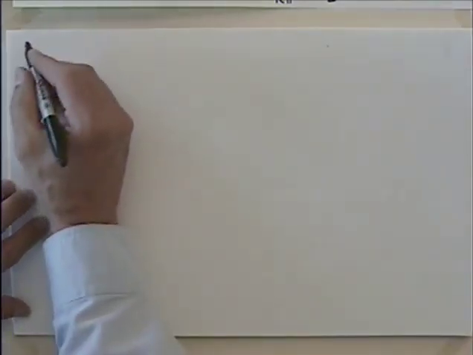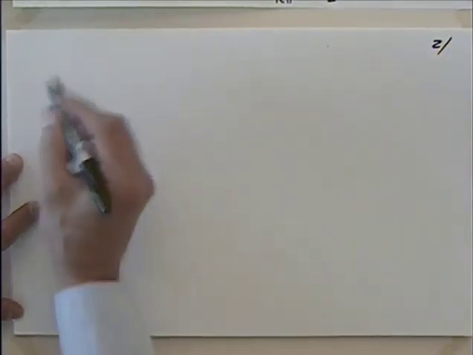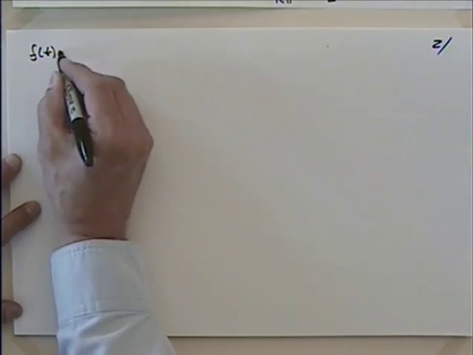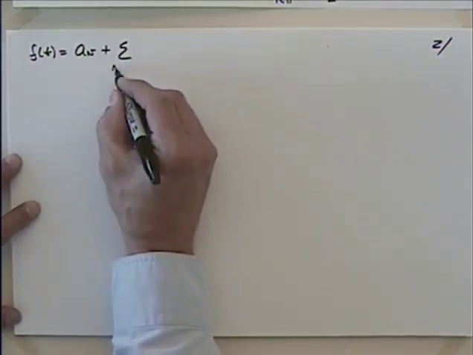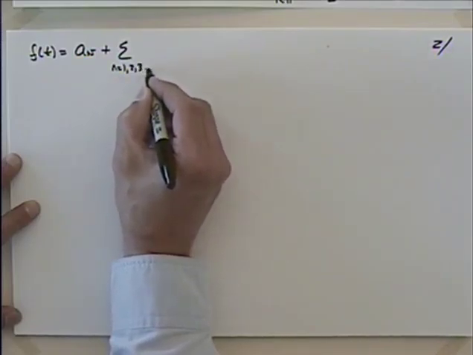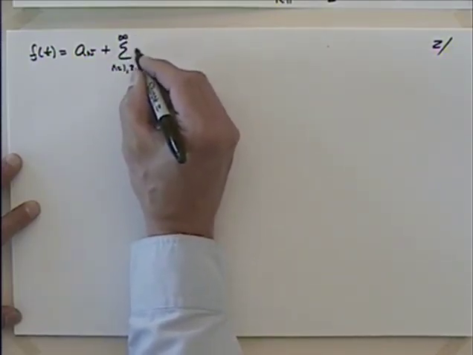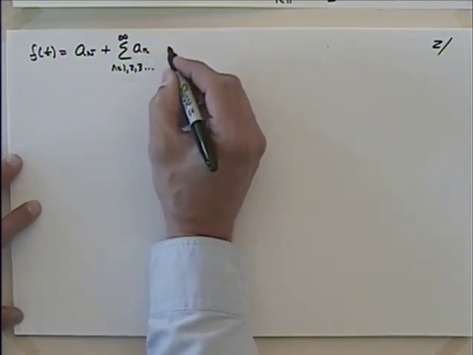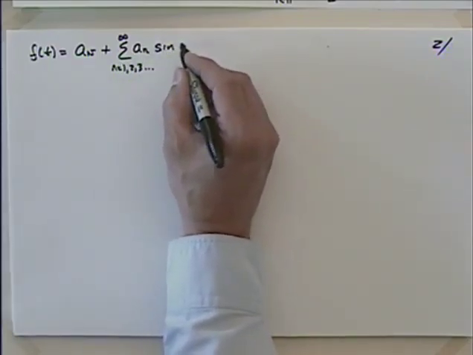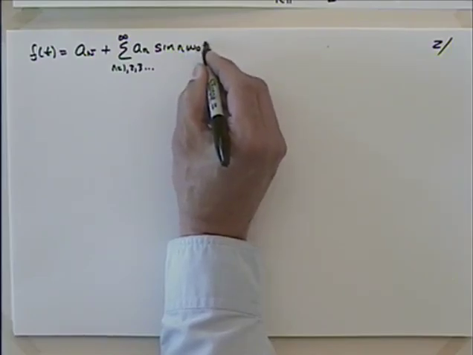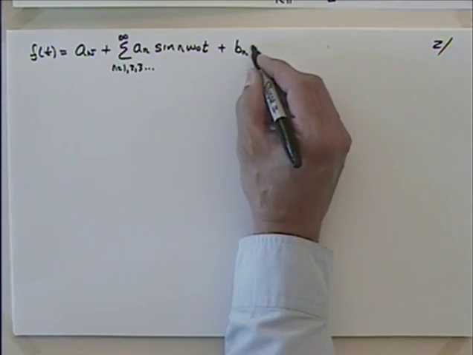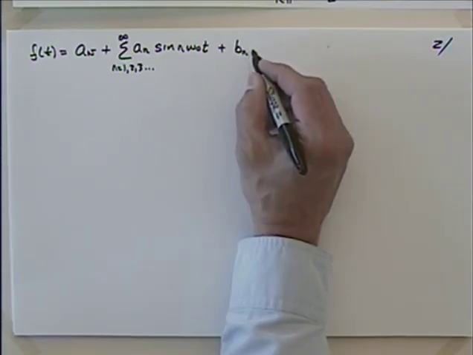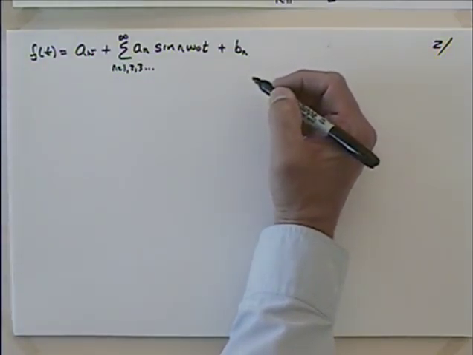So we know we're going to, in general, what was our expression for the Fourier series? f of t is equal to a sub v plus the sum n equals 1, 2, 3, and so on to infinity of a sub n times the cosine of n omega naught t plus b sub n times the sine of n omega naught t. Did I get that right? I think I've messed up cosine and sine, haven't I?